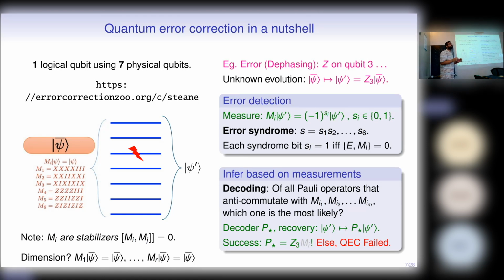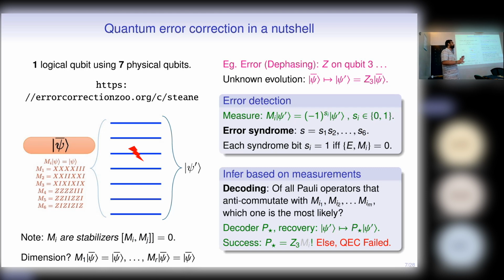We don't have to exactly guess what error occurred, and we can be wrong about the most likely one, but if we are wrong by a factor of one of the M's, it's fine. But if it was Z3 and we guess Z1, then the whole scheme has failed. Or if it's Z3 and we guess Z3 times something that's not one of the M's, then the whole scheme has failed.